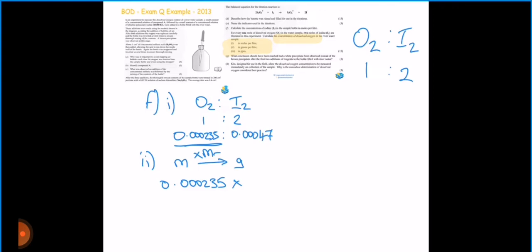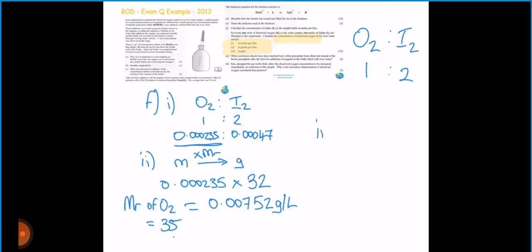So that's how you know you have to multiply by the molecular mass of your oxygen. The molecular mass of your oxygen is 32. So that gives you 0.00752 grams per litre. And I've just written in there that the molecular mass of oxygen is 35.